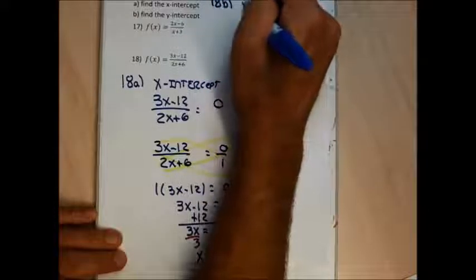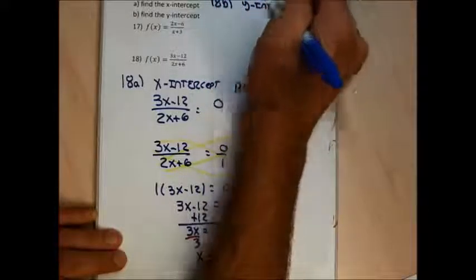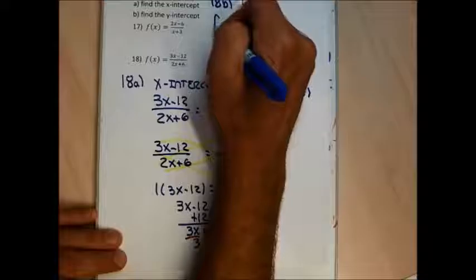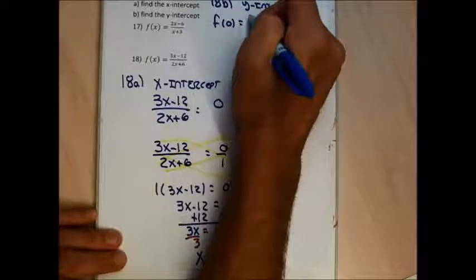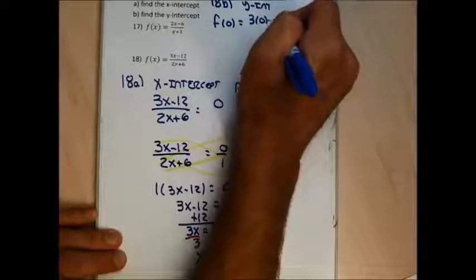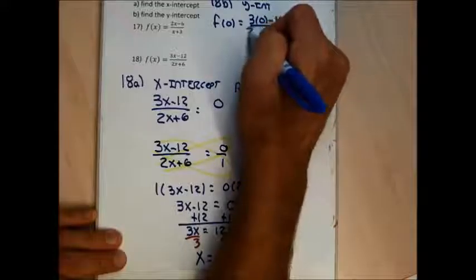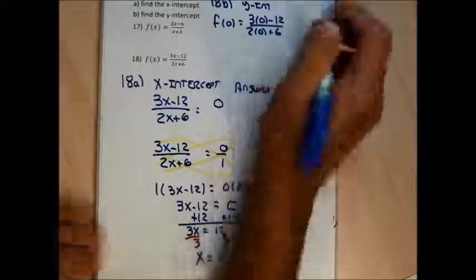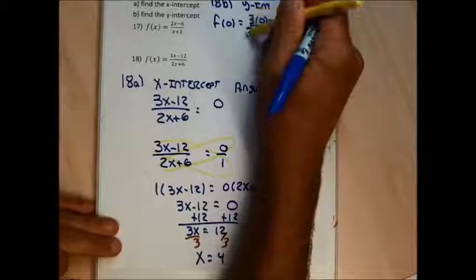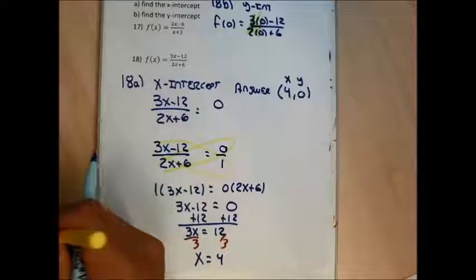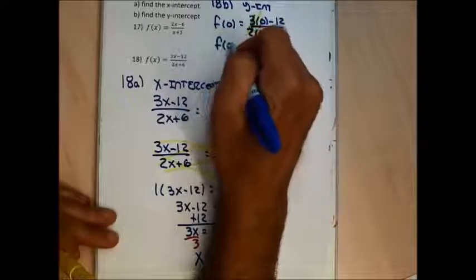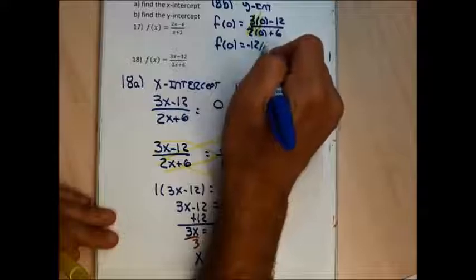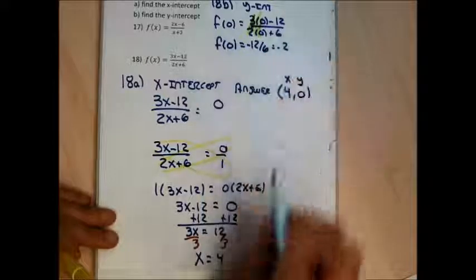To find the y-intercept, you plug 0 in for the x's. So I'm going to go f of 0 equals 3 times 0 minus 12 over 2 times 0 plus 6. The pieces with the zeros turn into zeros. So this really simplifies to f of 0 equals minus 12 over 6, which is minus 2.